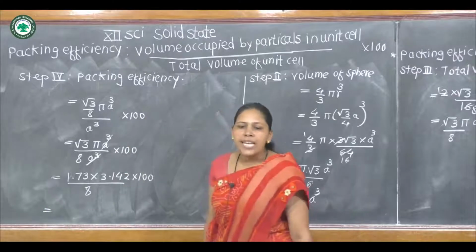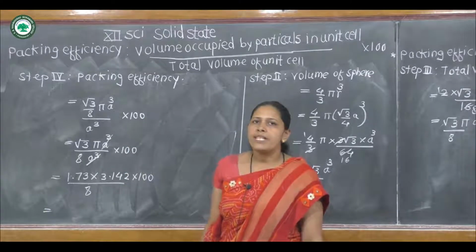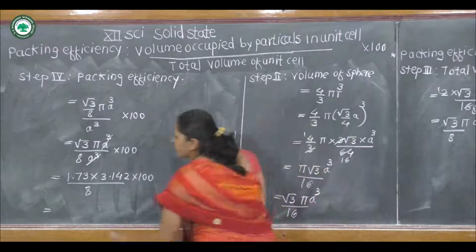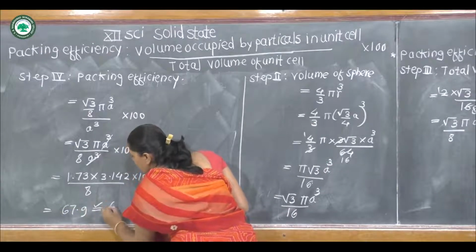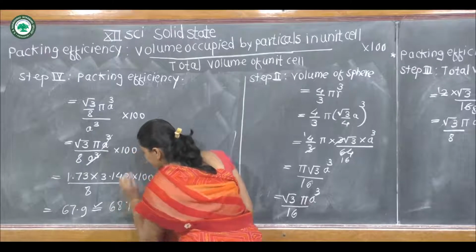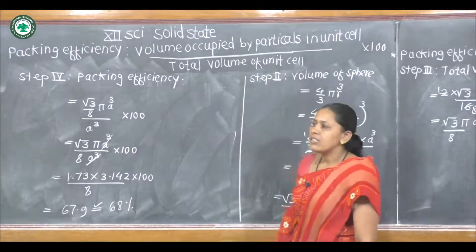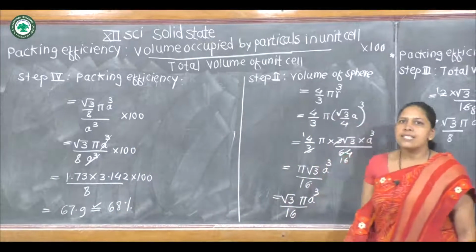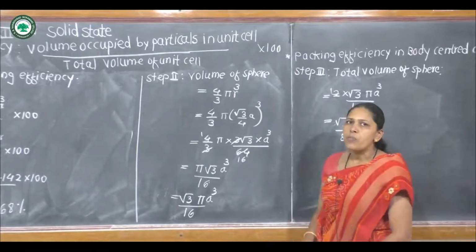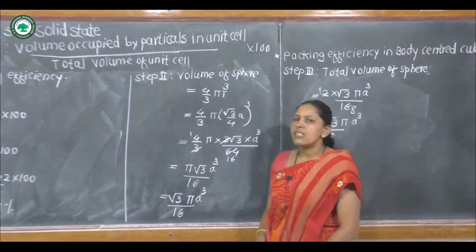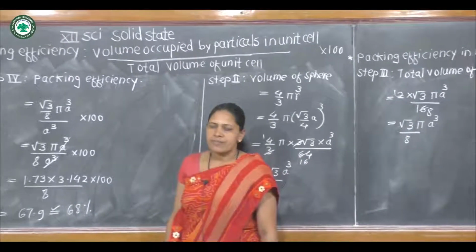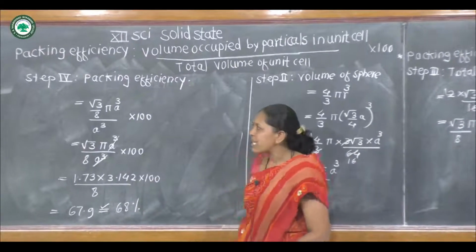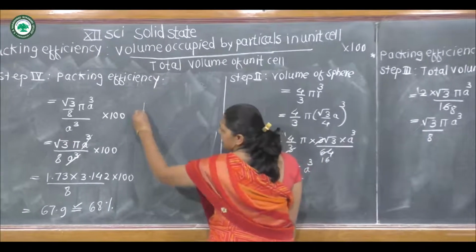By calculating this, it becomes 67.9, nearly equal to 68%. The space occupied by 2 particles in body centered cubic lattice is 68%. That is the packing efficiency of BCC.